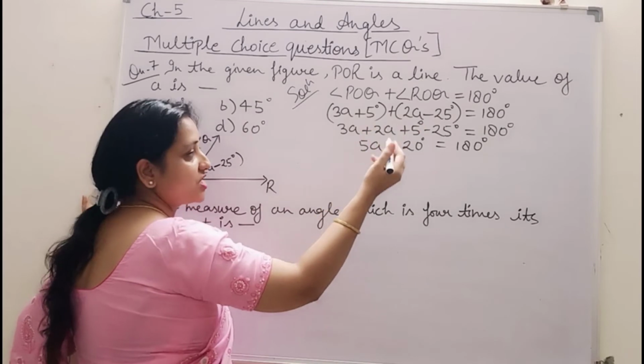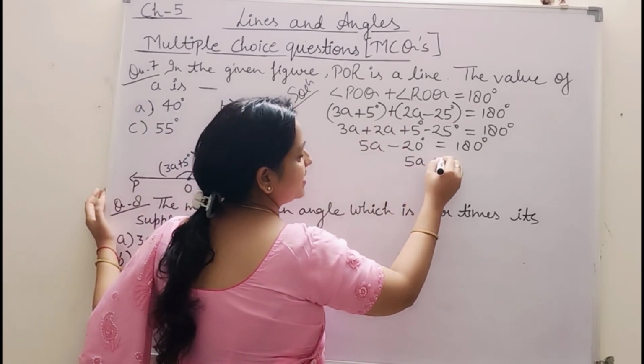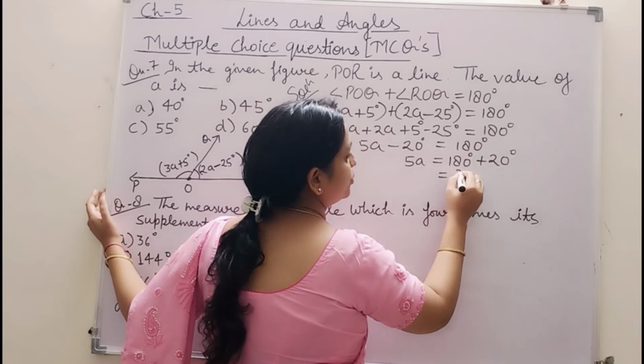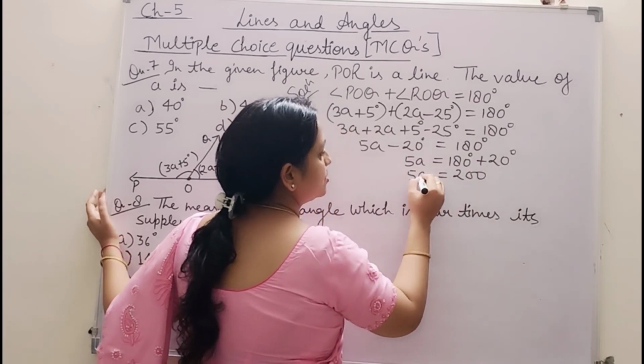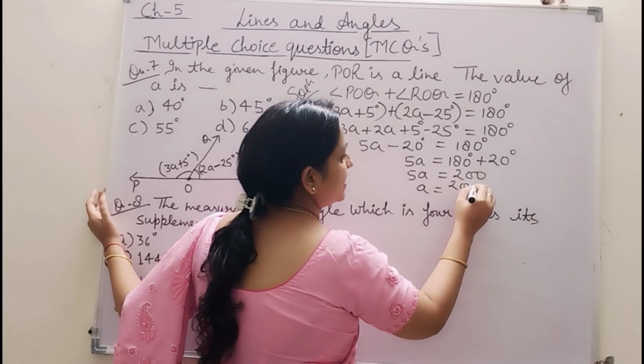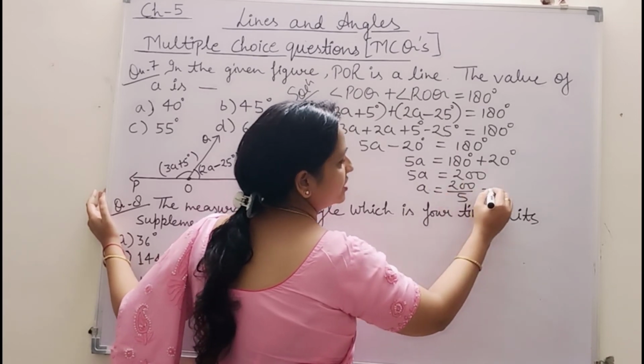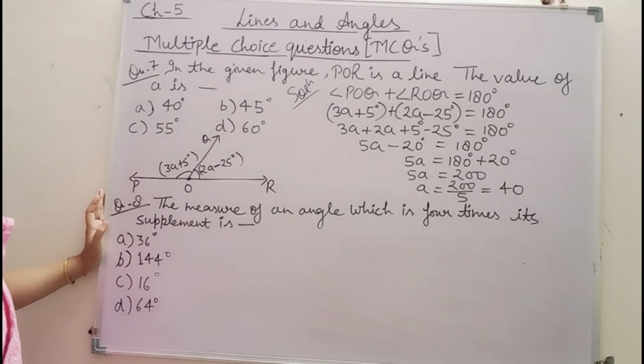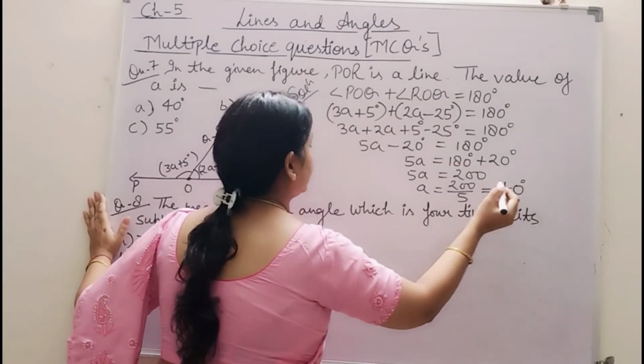Now we will transpose this 20. So 5A is equal to 180 plus 20, which is 200. So A is equal to 200 upon 5, which is equal to 40. So the value of A is 40 degrees.